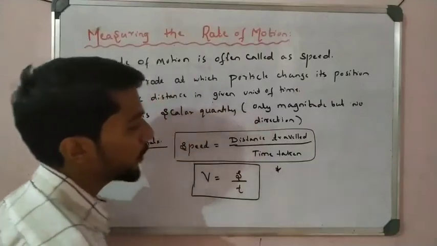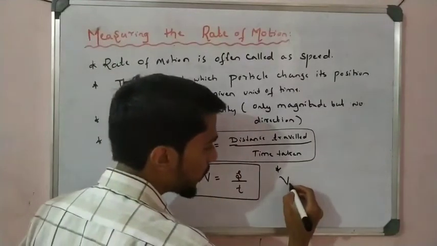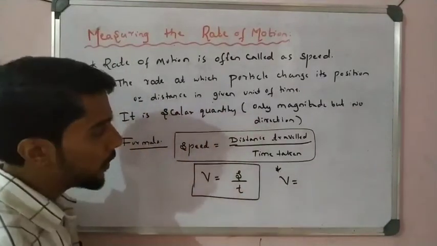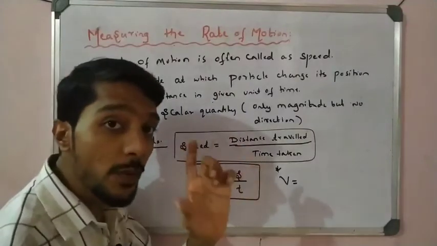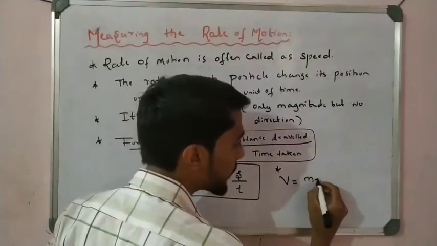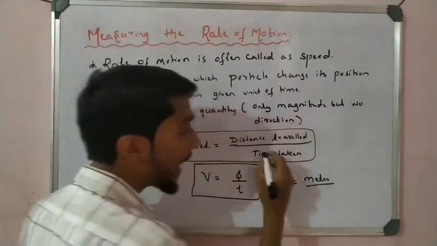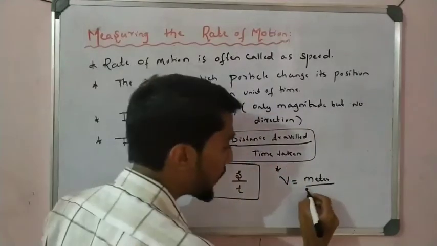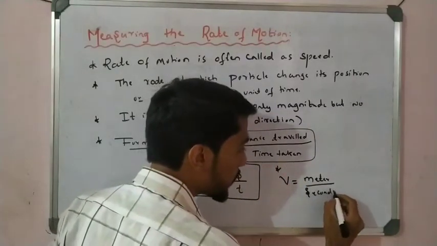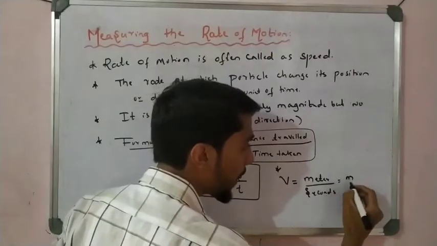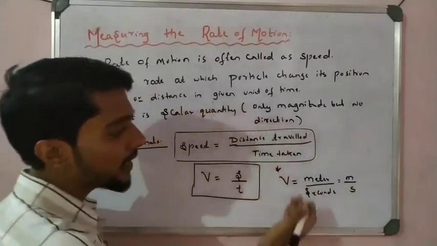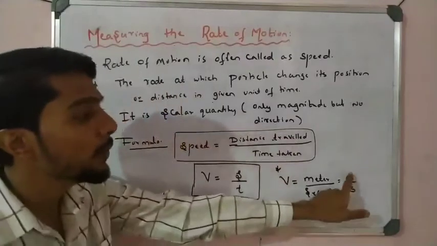Now see the unit of speed. Speed v is equal to distance measured in meters and time measured in seconds, always in seconds. So m stands for meter and s stands for second. So the SI unit of speed is meter per second.